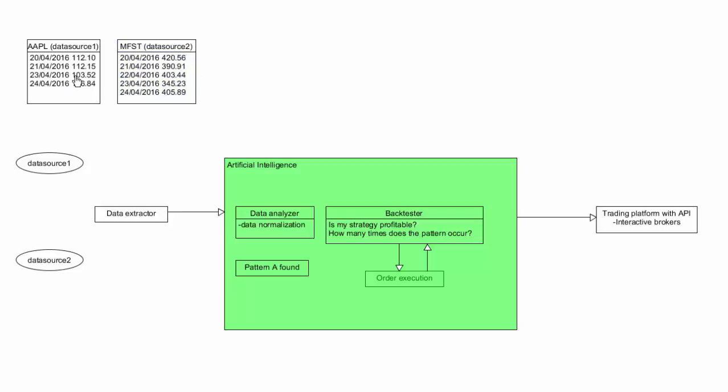What is important if you want to, for example, find a relationship between the price of an Apple stock and a Microsoft stock is that you make sure that the data sources are normalized. In this case, for example, we can see that the data source for the Microsoft stock consists of a data point on the 22nd of April, which does not exist in the Apple stock.